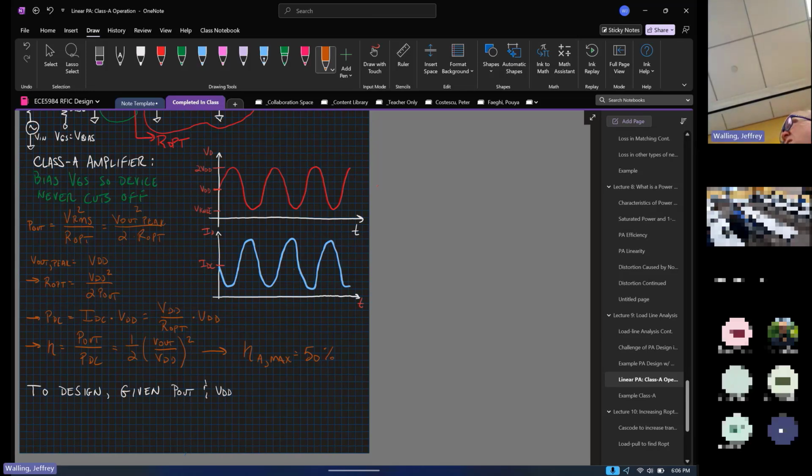All right, to design a class A amplifier, it's pretty straightforward. We're given an output power and a supply voltage.